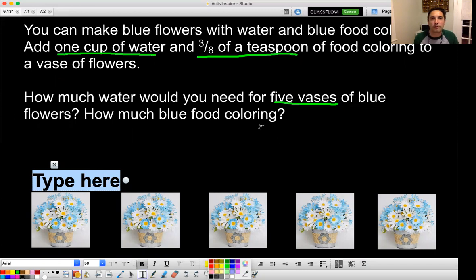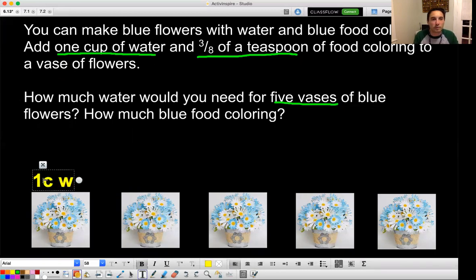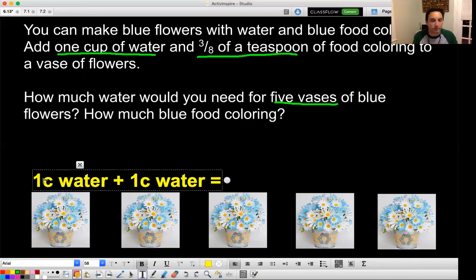So water for 1 vase of flowers is 1 cup water plus 1 cup water plus, I'll get this one of these days.